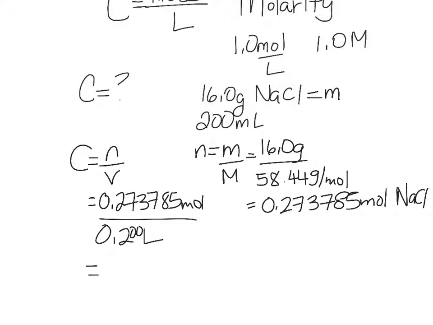Say that again, please. 1.37 moles a liter. Let's pretend that 200 milliliters has a period after it. Put a decimal place after the 200, so that it has 3 sig figs. So there's your concentration. 2 steps.